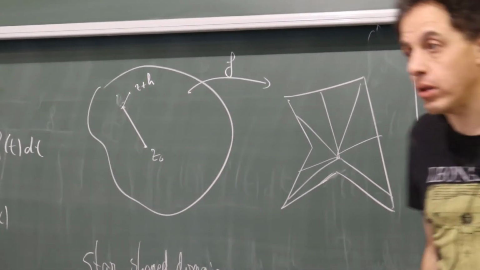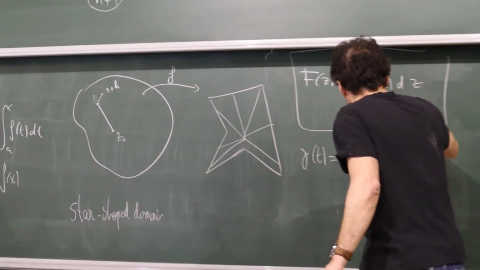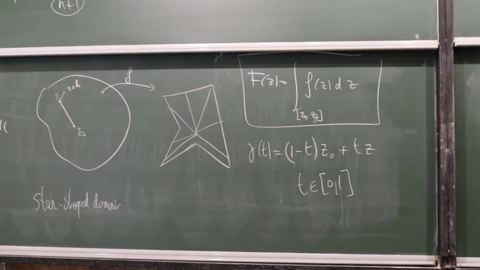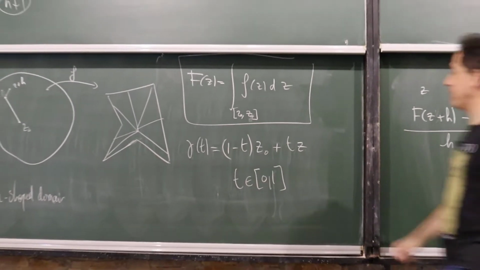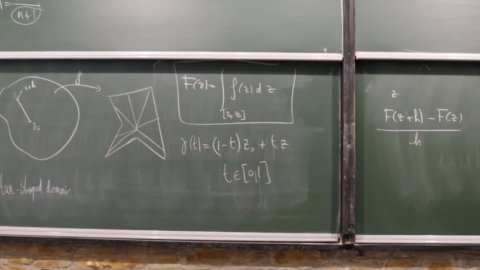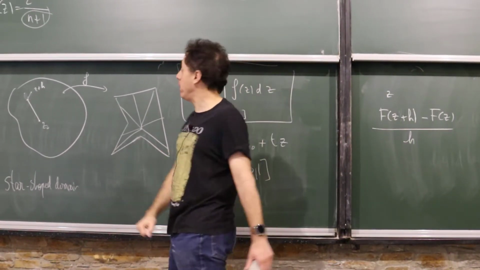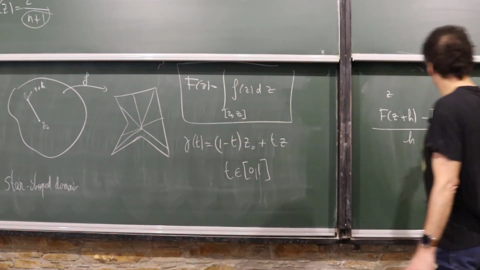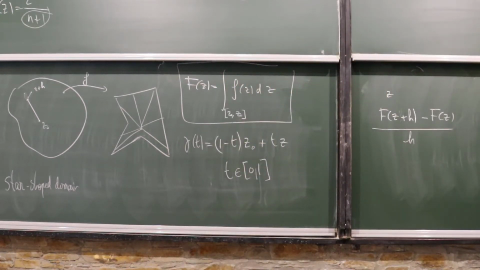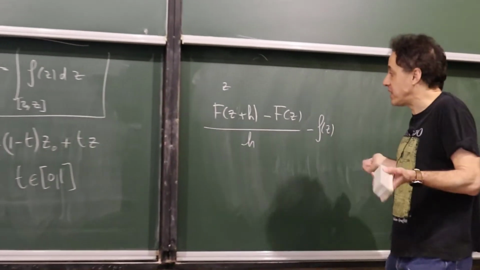I didn't understand this notation, z0 to z0. To z, sorry. Z0 to z. It was a mistake. So we want to see that big F is a primitive. We want to compute this limit, minus, for instance, small f of z. We want to see if this tends to 0.